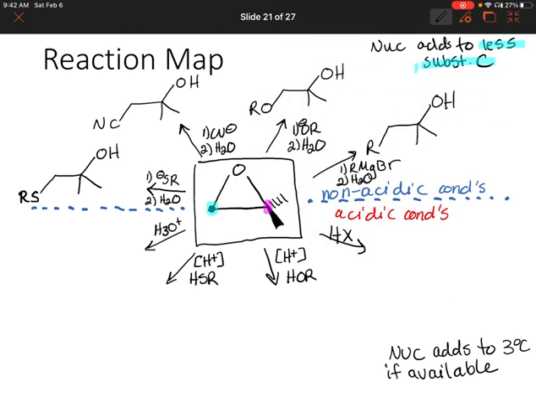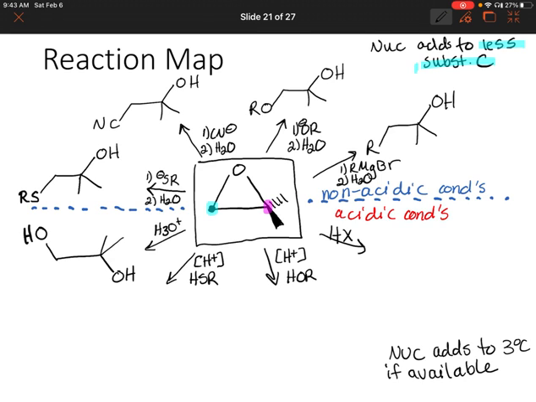So that means that, again, the nucleophile will add to the tertiary carbon under acidic conditions. Okay, so if the nucleophile comes in and attacks the purple carbon, the tertiary carbon, our first product where we add H3O plus will look like the following.